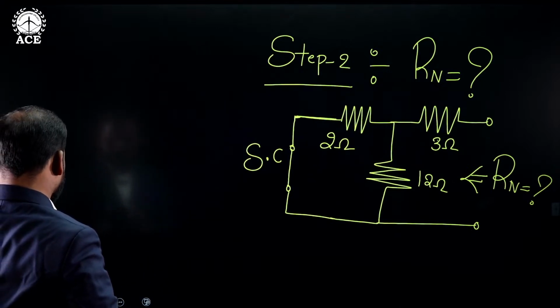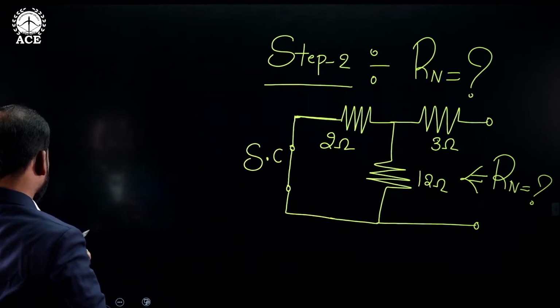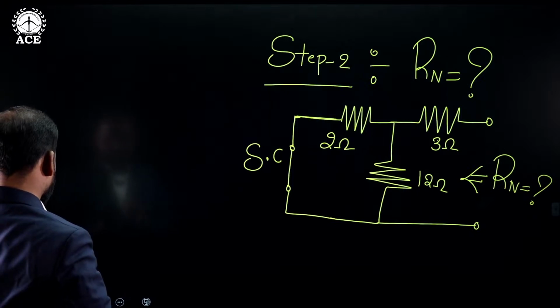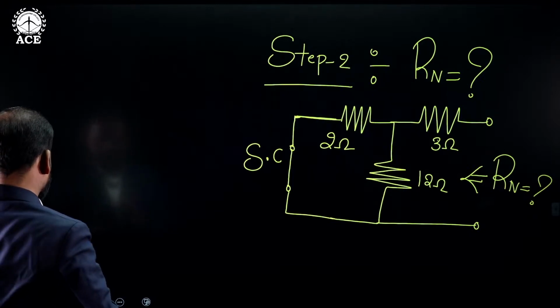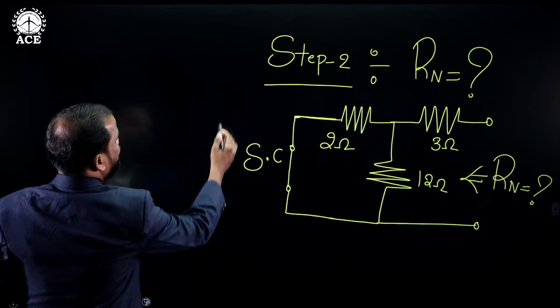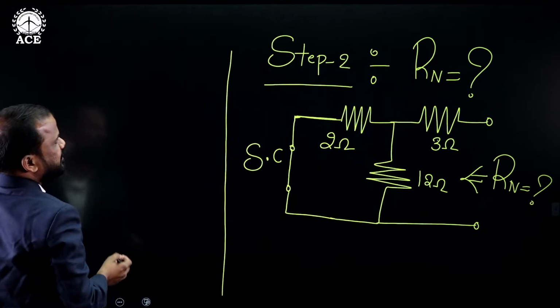Now find the value of the equivalent. Yes, calculate everyone. So both are connected in parallel.